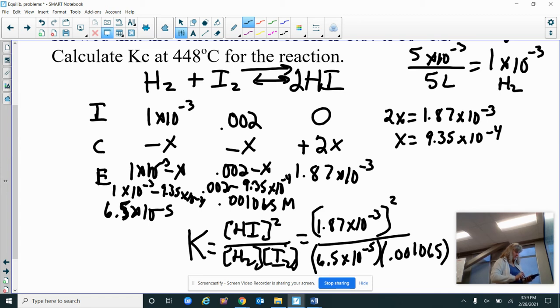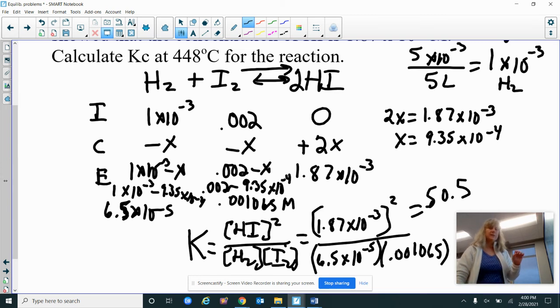So that's going to be 7 times 10 to the minus third squared divided by 6.5 times 10 to the minus fifth, and that equals 50.5 for the K. And there are no units on K. So just 50.5.